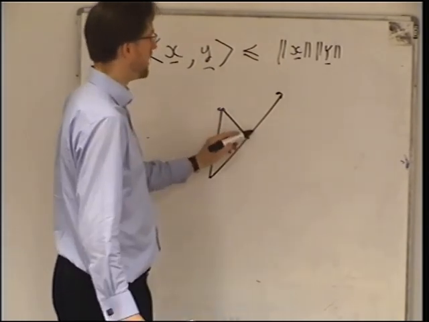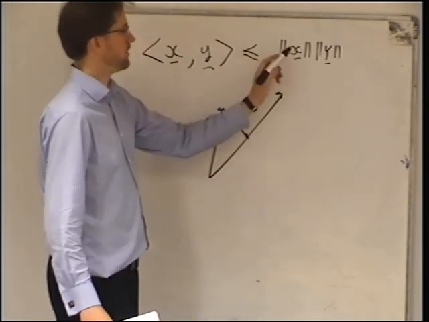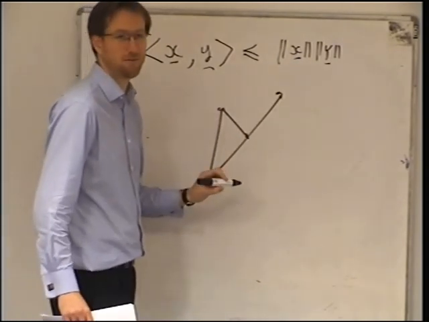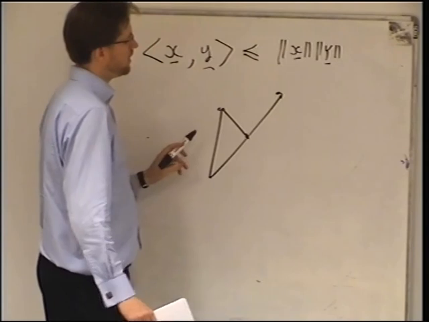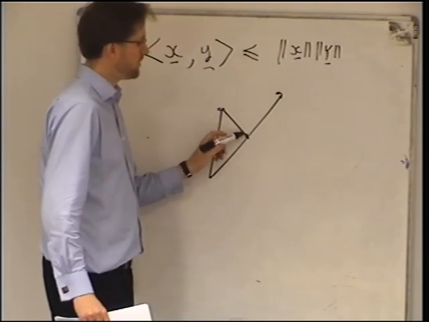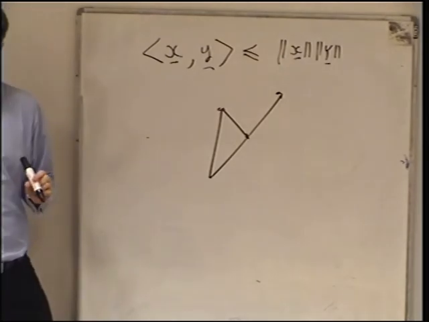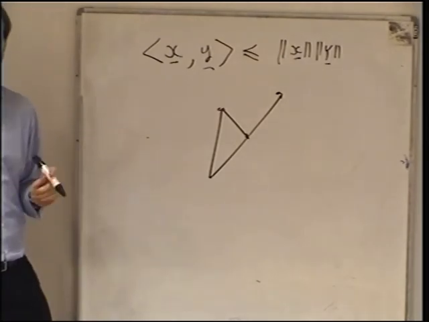And if these guys line up, then you get equality. If they don't line up, then this is going to be less. So that's all that this flashy Cauchy-Schwarz inequality says.